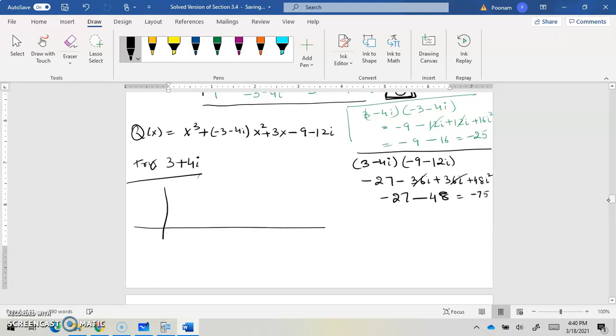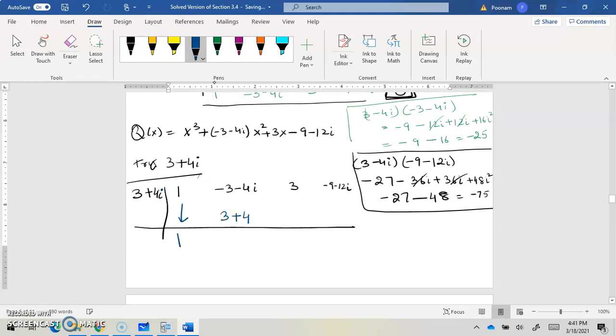That means we divide the quotient, which is having the coefficients like this, and you have to write 3 plus 4 iota here. Synthetic division we already know. 1 goes down, multiply by 3 plus 4 iota, add, you get 0. This time this is 0, multiply, add, you get 3. Multiply 9 plus 12 iota. When you add, we get 0.